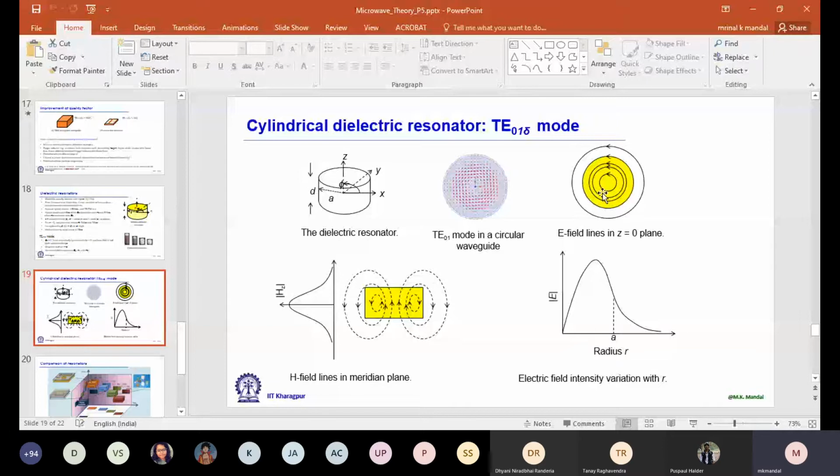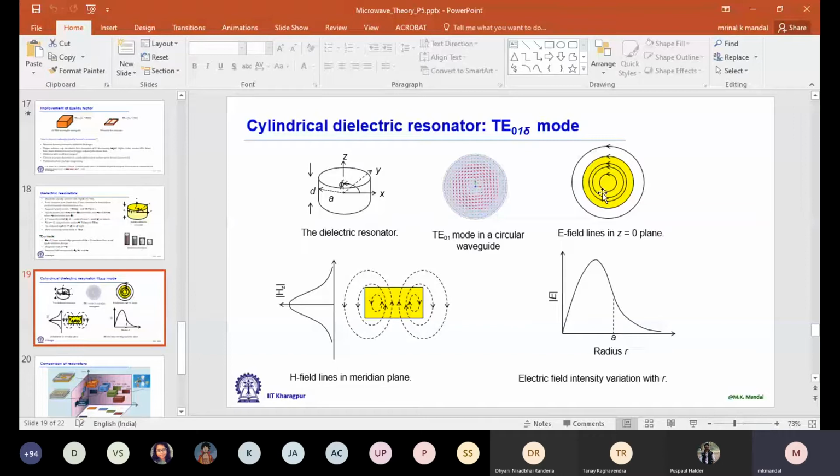So now, if I drill an air via, that means dielectric constant epsilon r equal to 1. That will not disturb as such the resonant frequency of this TE01 delta mode. Why? Because it does not have any field concentration at the center. So if I perturb the central axis, we don't have any effect on this mode.